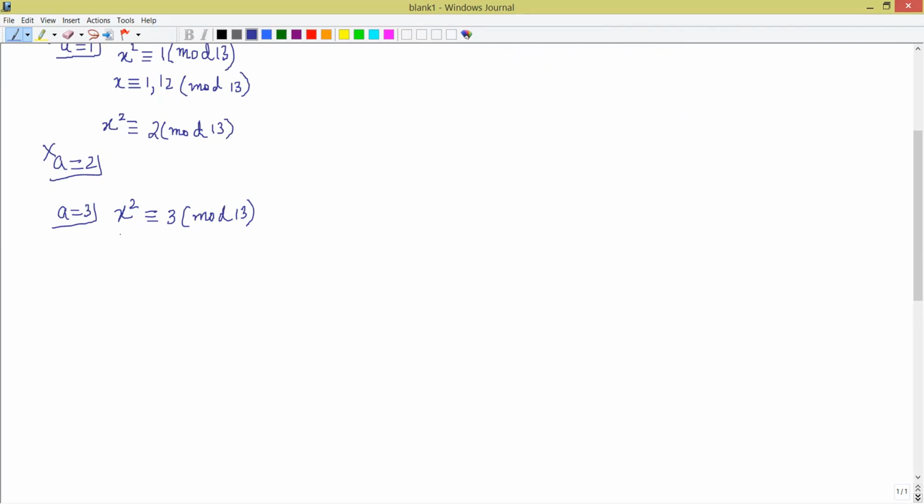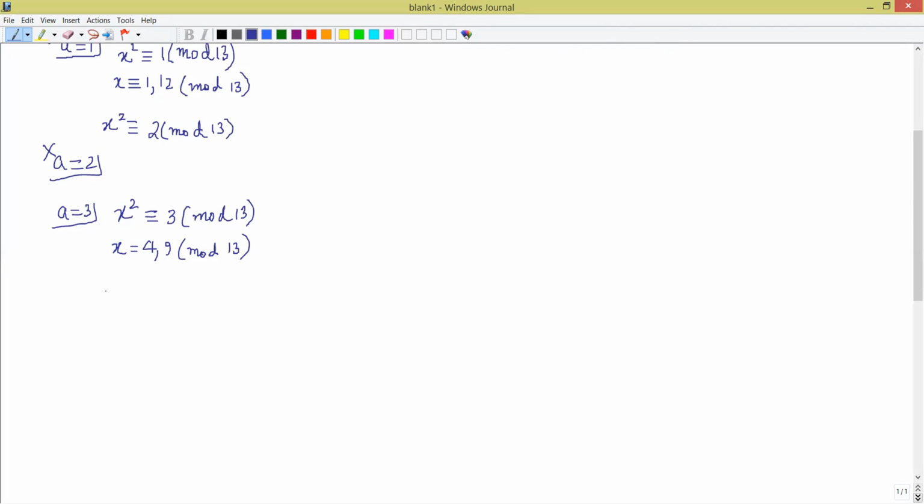So 4 is the solution as well as 9. So x equals 4 and 9 modulo 13. This is the solution.